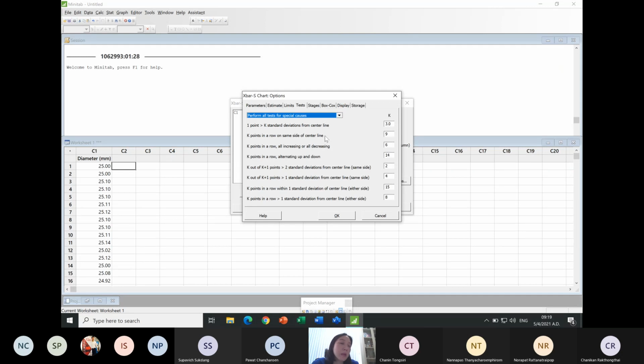So this test means if the software helps you detect 9 points in a row on the same side of the center line, it will detect abnormality also. This test is called run, run below or run above center line, so you can call it in short that it violates the test run.